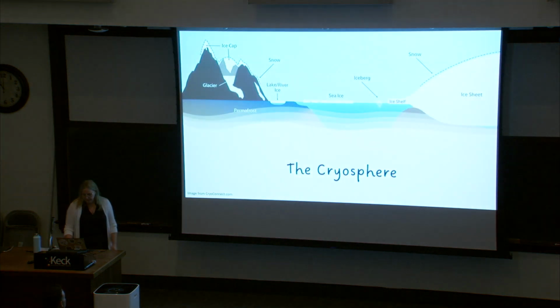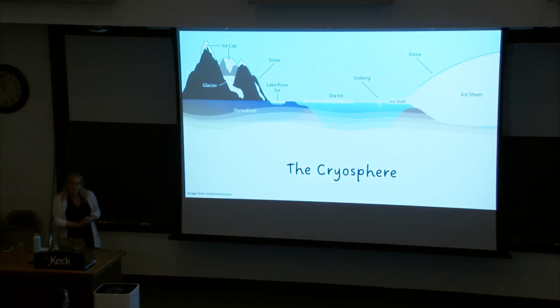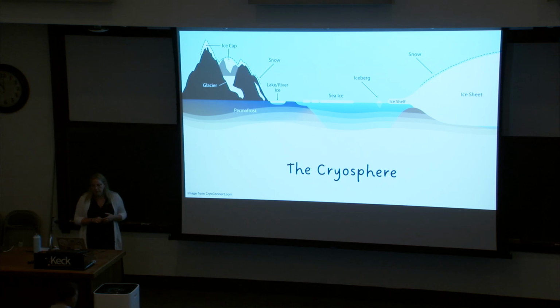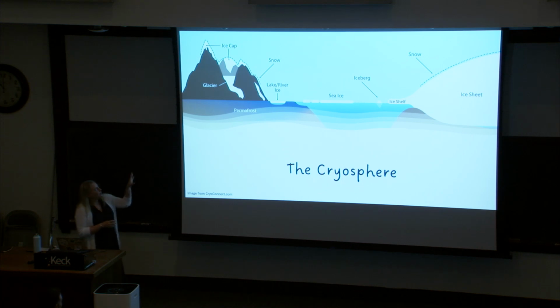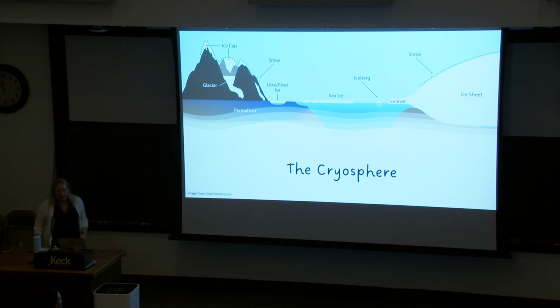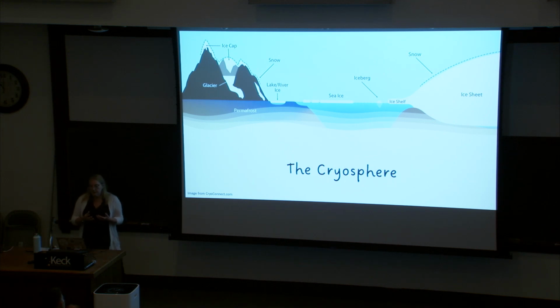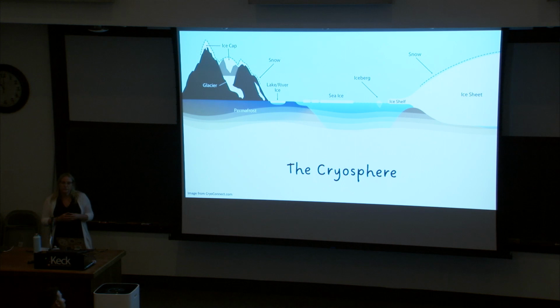Good, great, thank you. As a broad overview, the cryosphere includes environments where water appears in its frozen state: lake ice, river ice, snow, ice caps, glaciers, sea ice, and permafrost, which is permanently frozen ground. While it might be tempting to lump all of these environments together because they're frozen, the cryosphere hosts a huge diversity of environments as well as different physical properties.